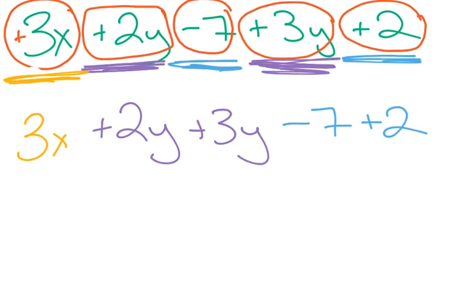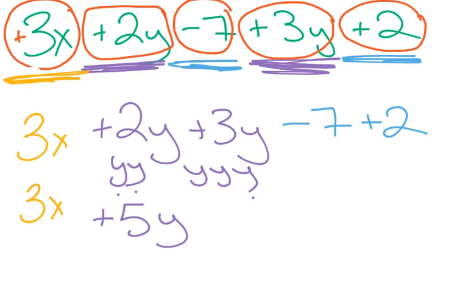Okay, 3x's is just 3x's. I can't combine it with anything. If I have 2y's plus 3 more y's, how many total y's is that? 1, 2, 3, 4, 5. This is positive 5y. The nice thing about combining like terms is you can call that positive 5y or you can call that plus 5y.